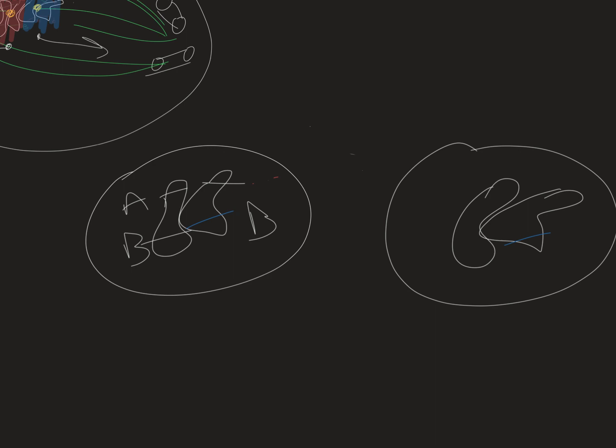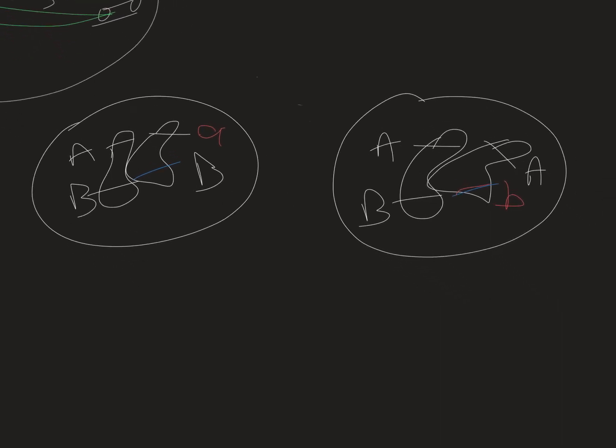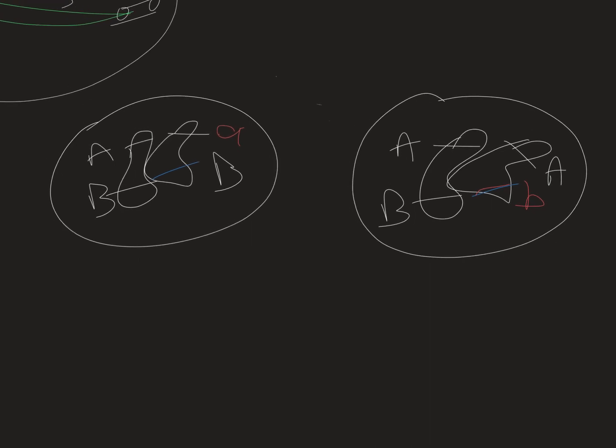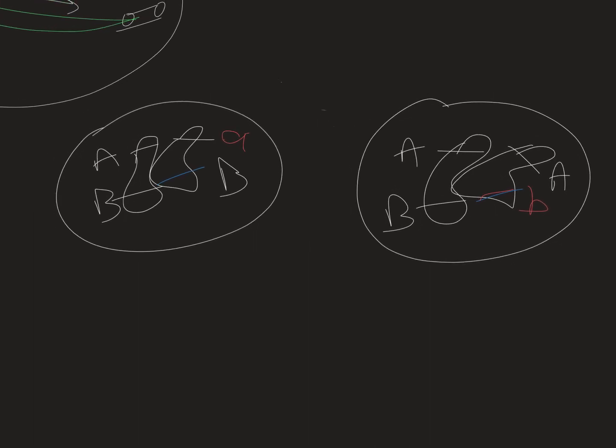You have little a, big B, and over here you have big A, big B, and over here you have a big A, and then the little b. Does that make sense? I messed that up. This should be little a, little b.